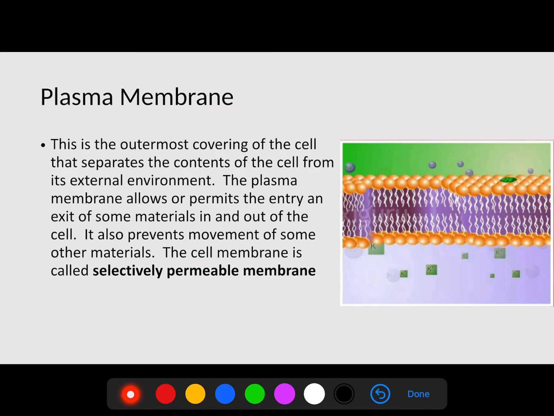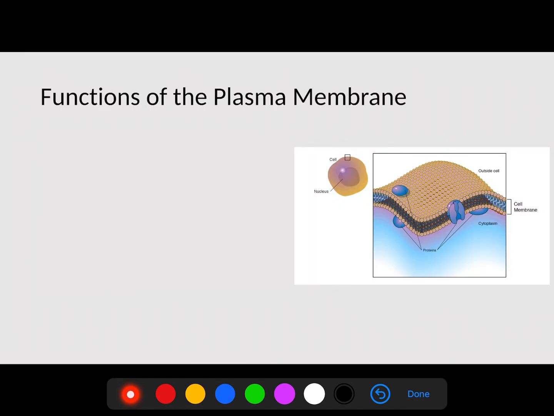This is why the cell membrane is said to be selectively permeable. Think of it like a bouncer at a club, right? Certain people who are on the list are able to enter right in. Other people have to wait at the door. That's what we refer to as selectively permeable. Some are able to come in, some aren't.